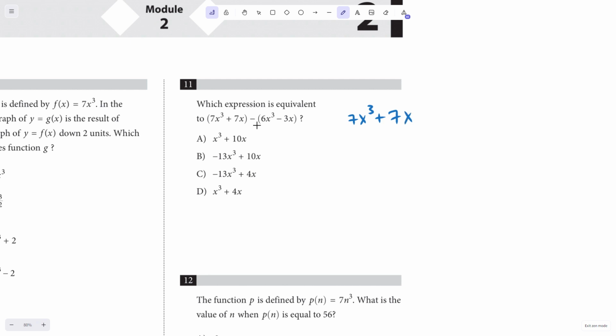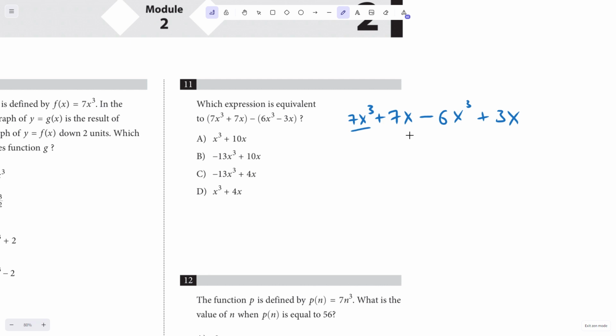But for the second parentheses, we need to multiply everything inside of it by minus 1. So the signs in front of it will change. So let's do that. We have 6x cubed, it becomes minus 6x cubed. And we have minus 3x, it's going to become plus 3x.